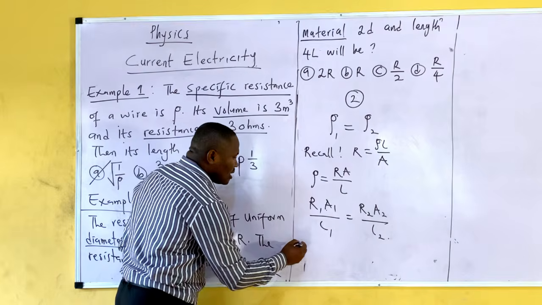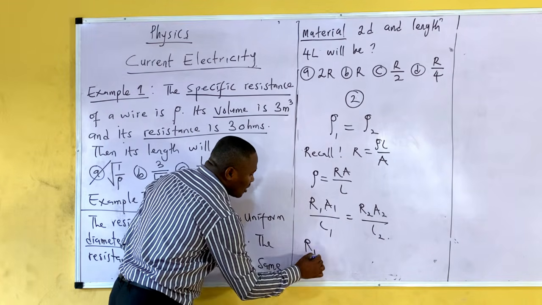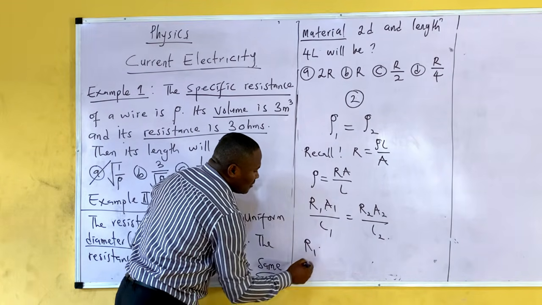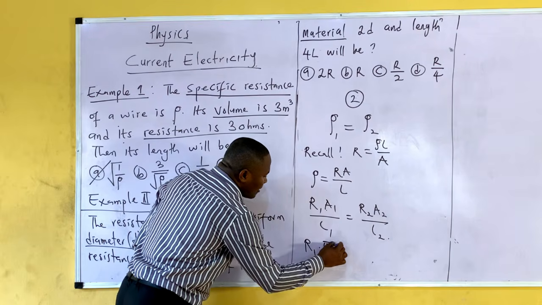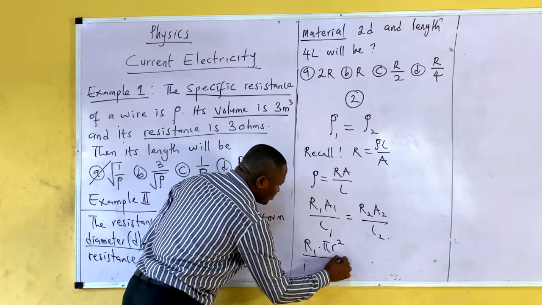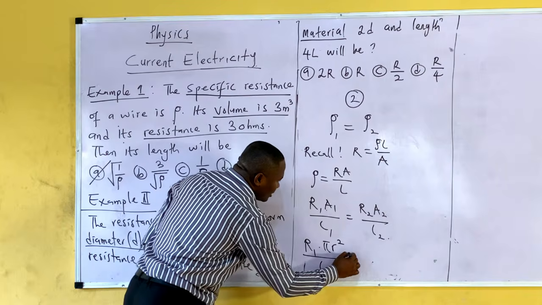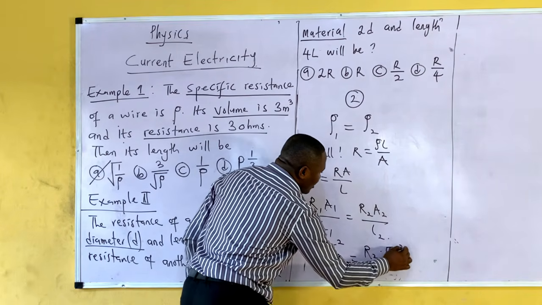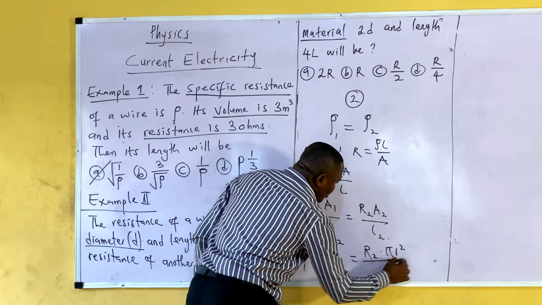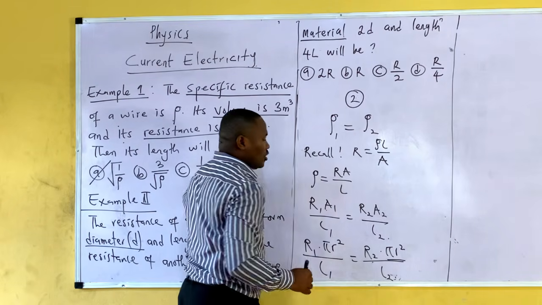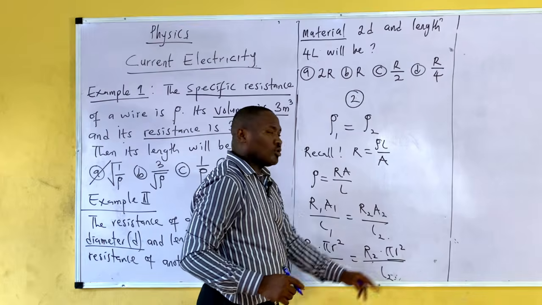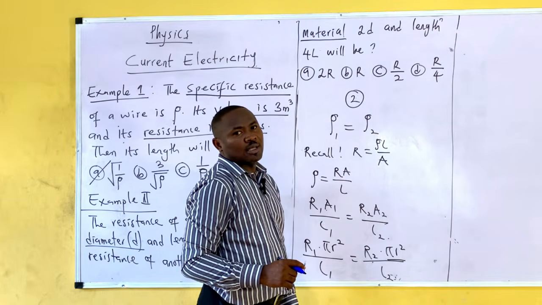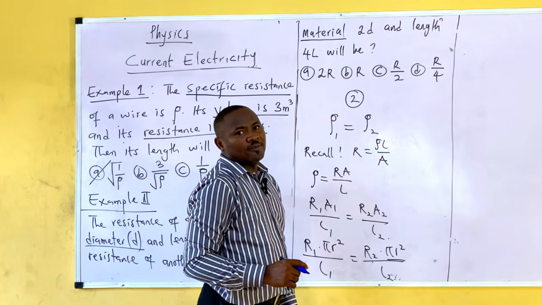So the area will now be pi r squared, so R1 pi r squared over L1 is equal to R2 pi r squared over L2. Now recall that radius is diameter divided by 2.